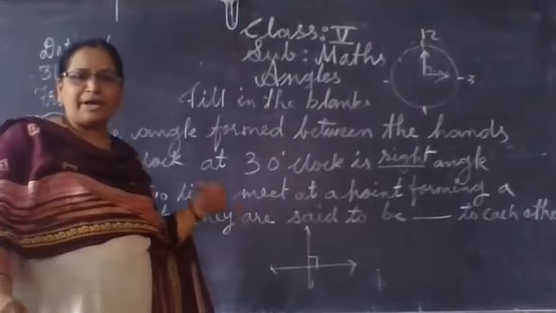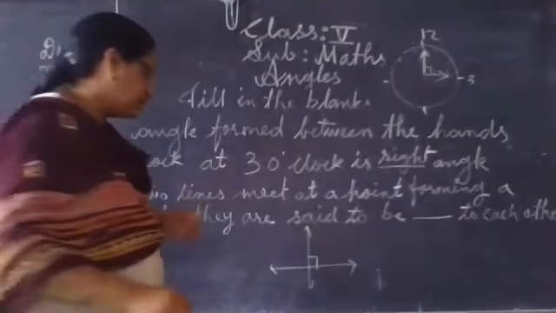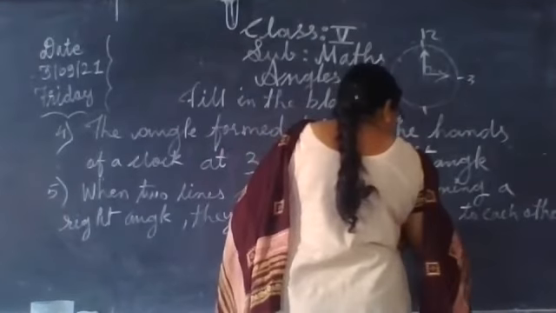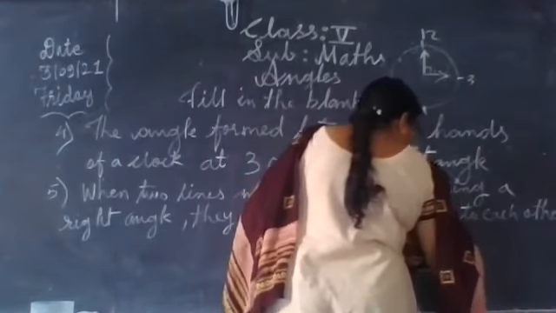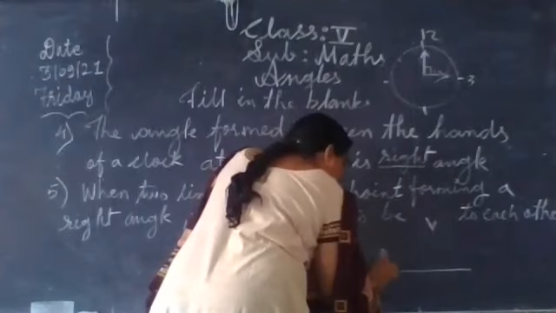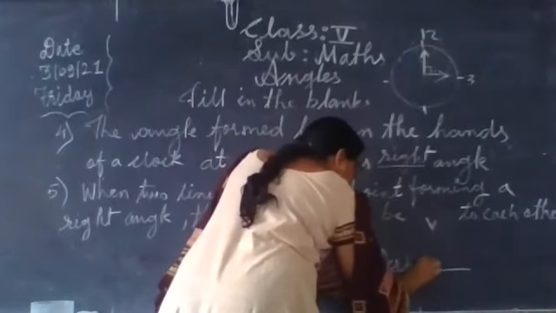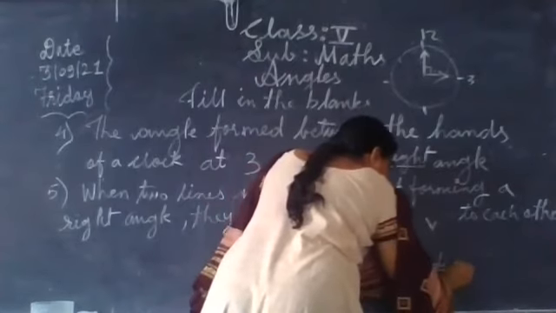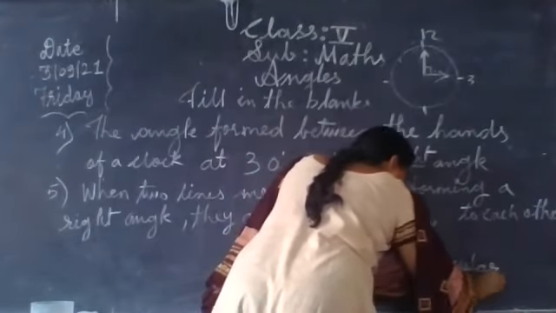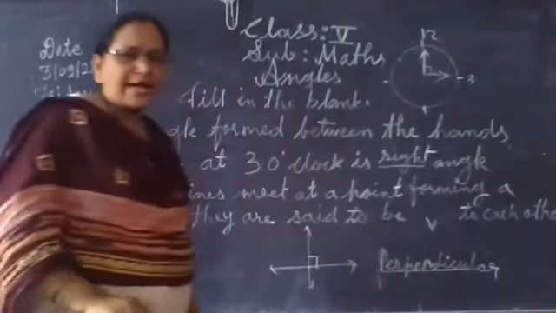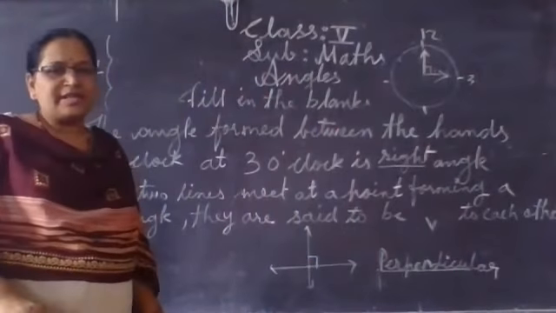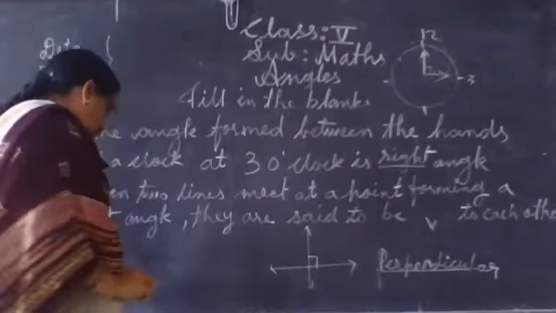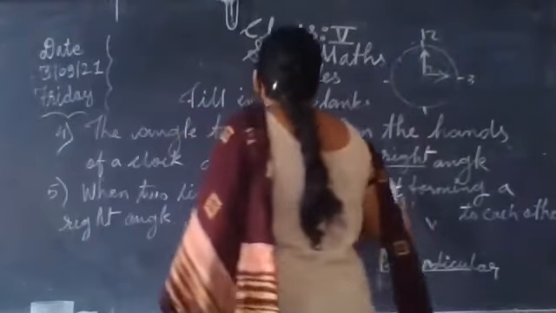That means they are perpendicular to each other. So when two lines meet at 90 degree, they are said to be perpendicular to each other. Got it, children? So let's see one more question.